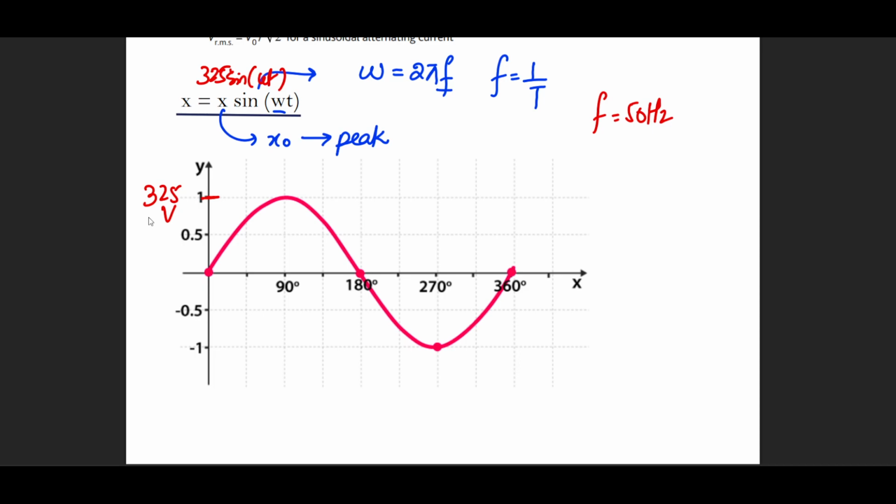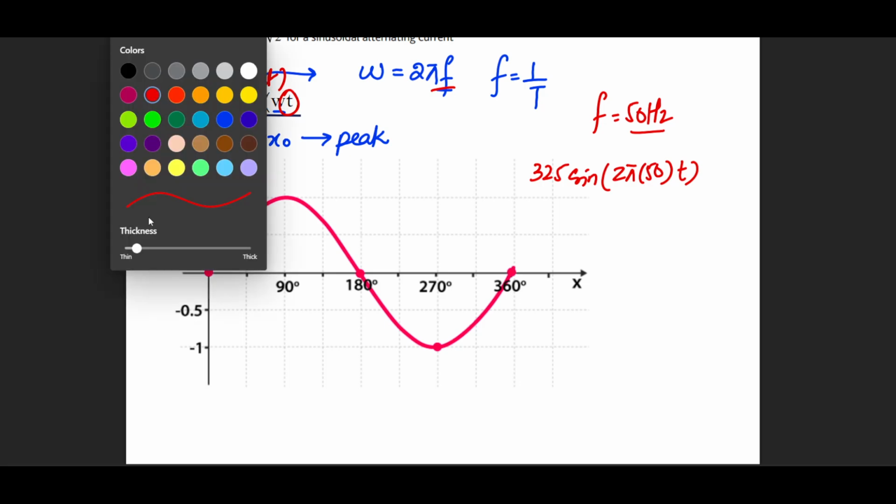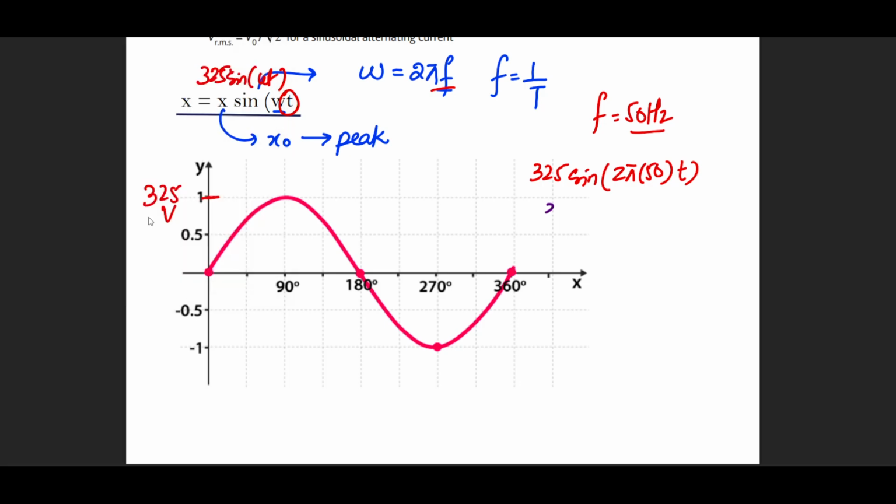You will write this down in this way, that 325 sine. Now replace this f in this 2 pi f. So this becomes 2 pi into 50 into t, which was part of the system which we were not dealing with previously. So this equation finally becomes 325 sine of 100 pi t.